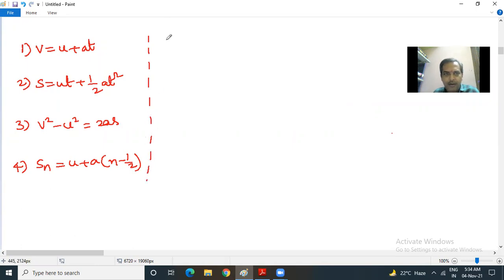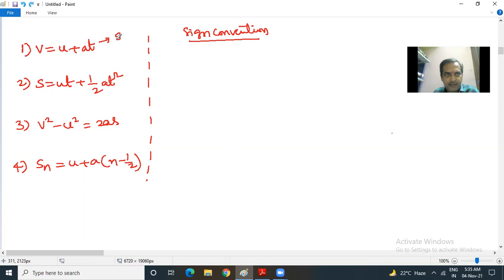When a body is allowed to fall from a height h. So now let us write sign convention. Look at all the equations. A body falling freely means it is moving under gravity. In the first equation, s is missing.